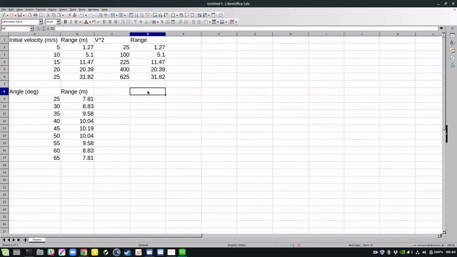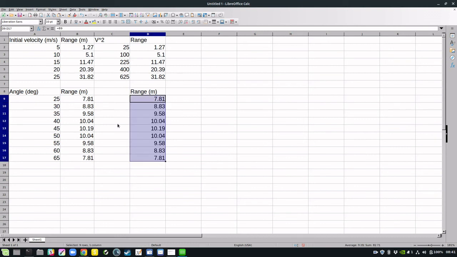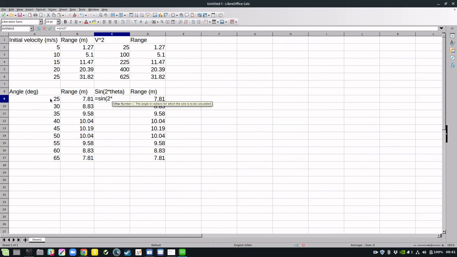So once again, we'll copy the range over to a column here, and that's going to be equal to that, and then we'll just expand that data like this. Now here, we're going to say sine 2 theta. Let's say sine of 2 times, and we'll take this angle.